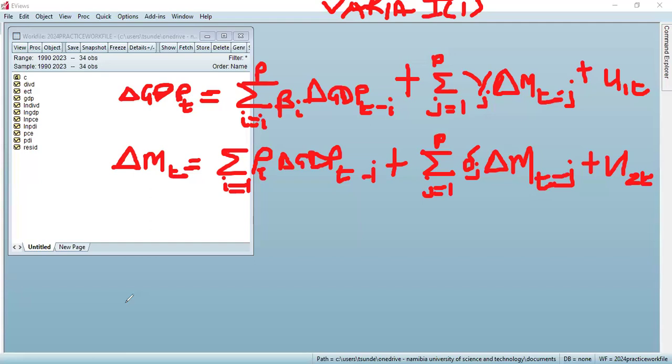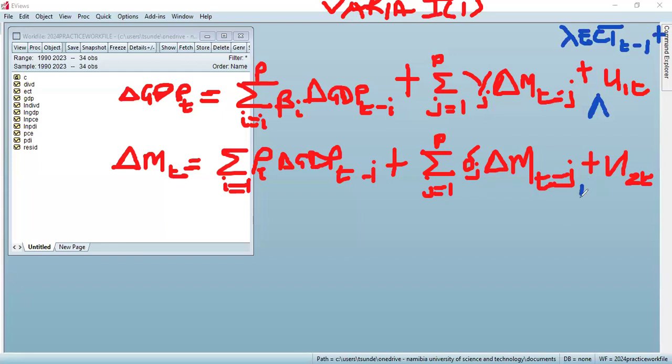The difference between the vector error correction model and the vector autoregression model on the screen is that the vector error correction model adds the error correction term. For example, in the first equation, we would add an error correction term, given by lambda ECT lagged once, plus this white noise error term.